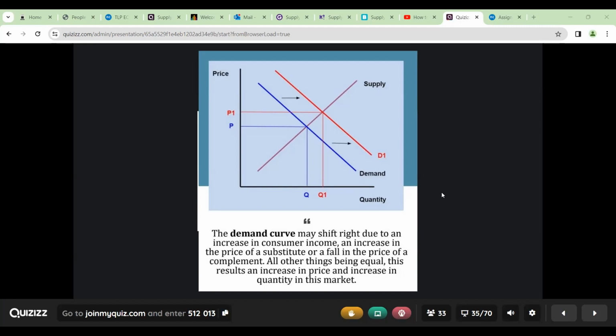So can the class think of other examples of what can shift the demand curve?